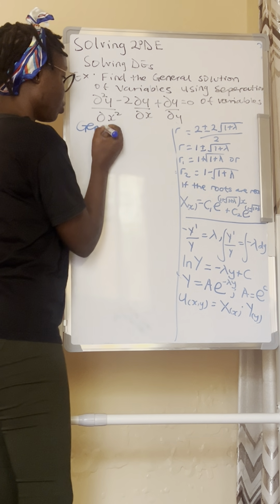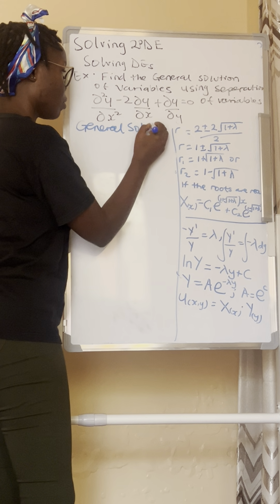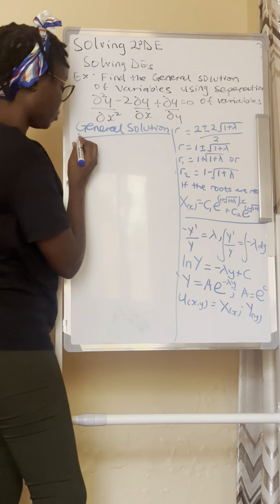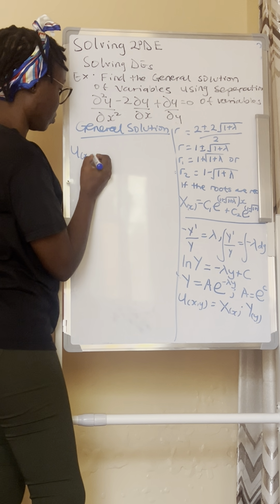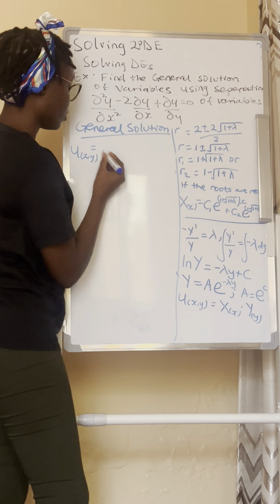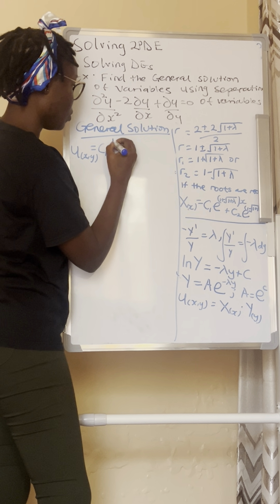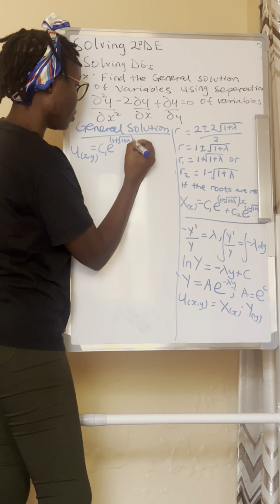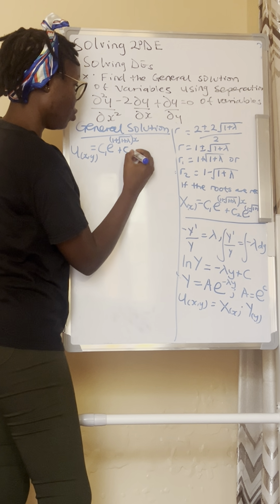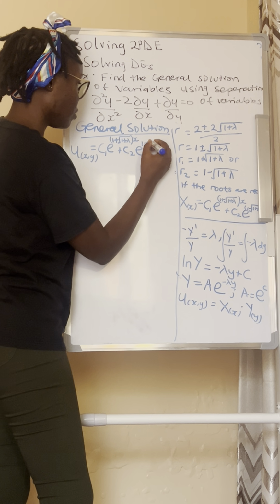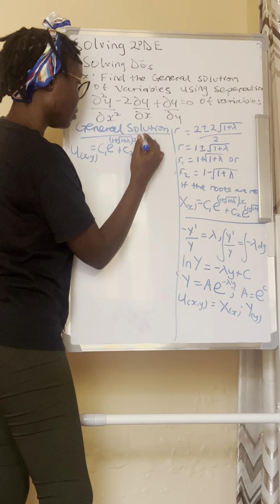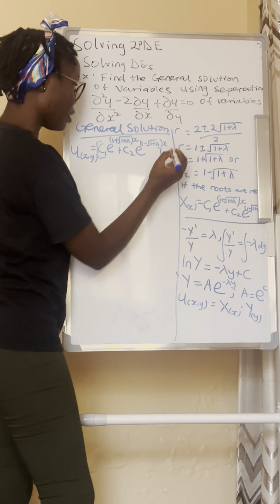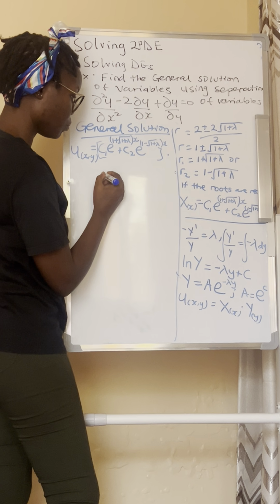The general solution is equal to c1 e^((1 plus root of 1 plus lambda) x) plus c2 e^((1 minus root of 1 plus lambda) x). This is our x function times the y function.